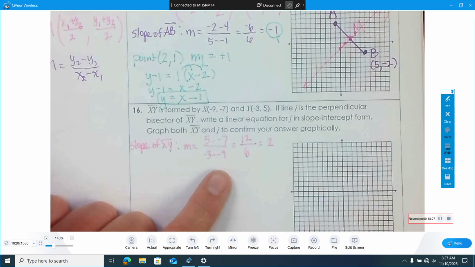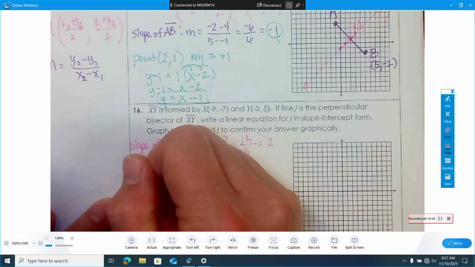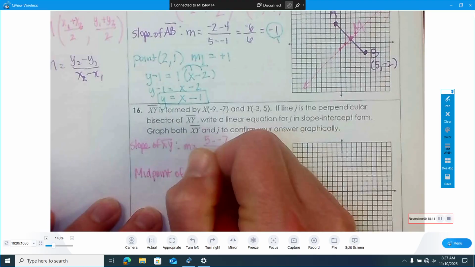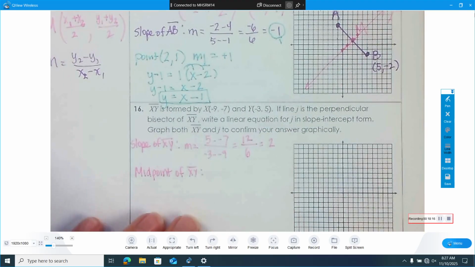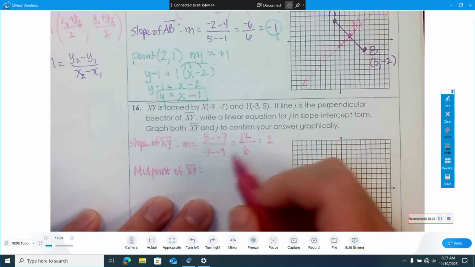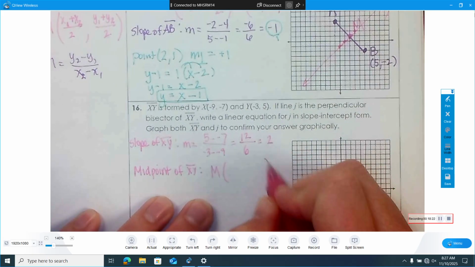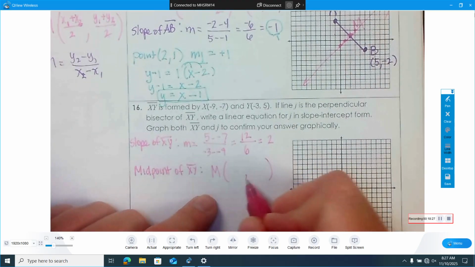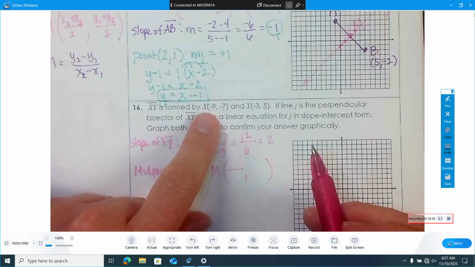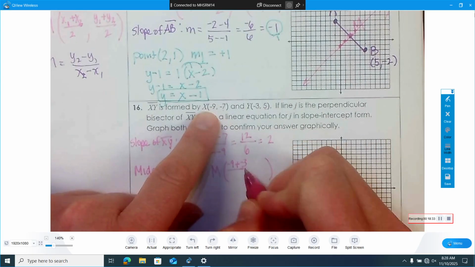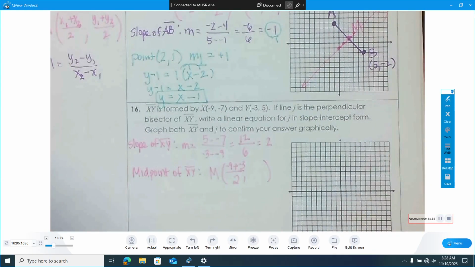All right, we also need the midpoint of XY. How do we find the midpoint? x1 plus x2 divided by 2. Add your x's and divide by 2, and also add your y's.